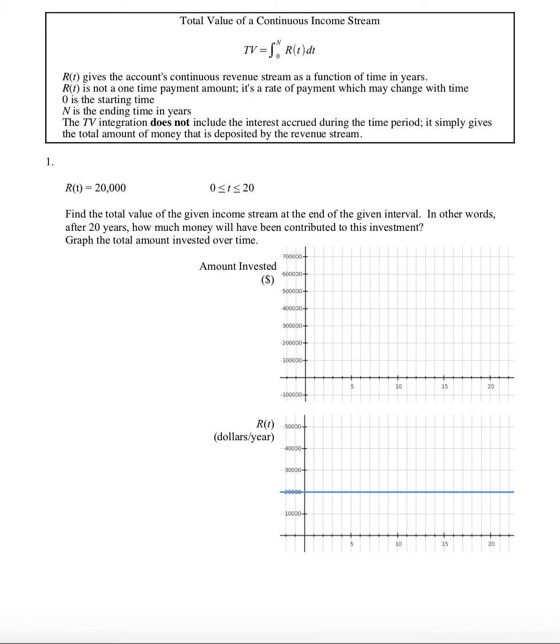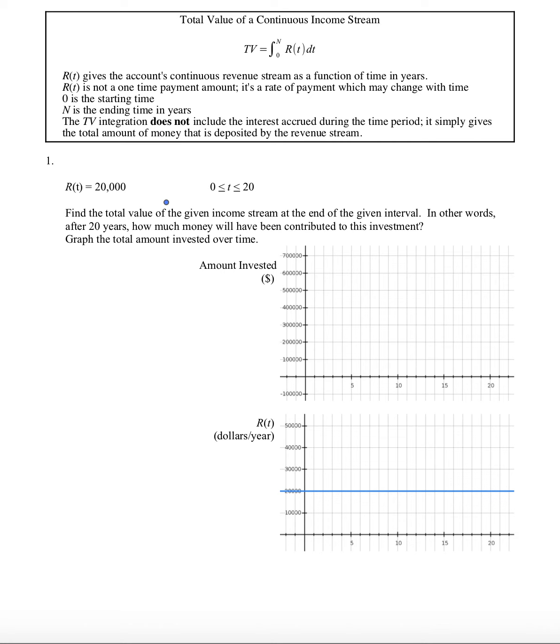So in this example, the R of t is set to a constant 20,000, and the units of that, even though they're not shown here, will be dollars per year.